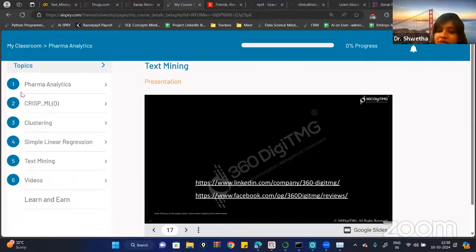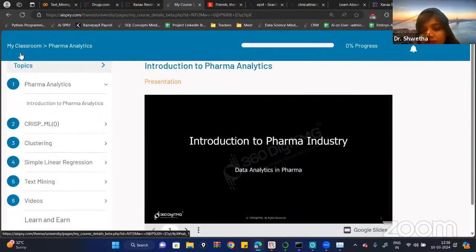There will be a lot of innovations coming up in the field of pharma, and having the domain knowledge will add to your skill set. So this is how you can use pharma knowledge in the analytics field. I hope you got a clear picture of analytics and how to use it in pharma.